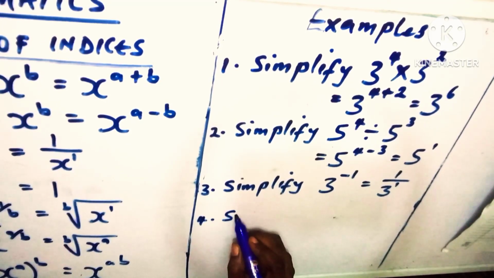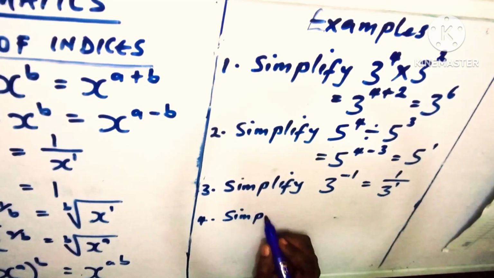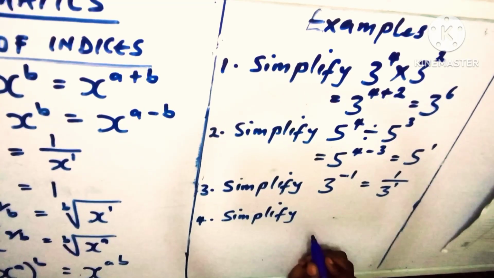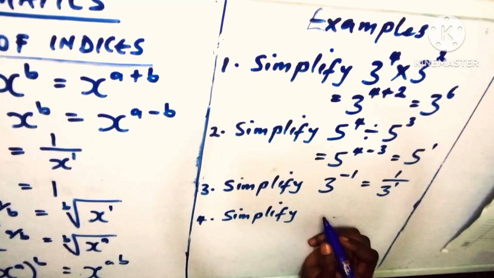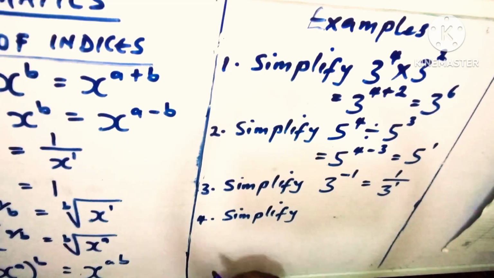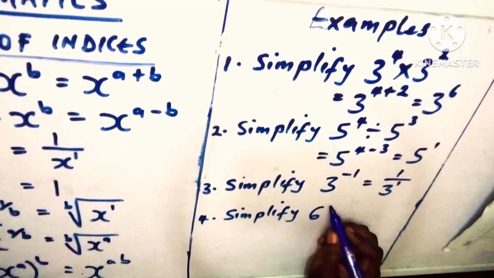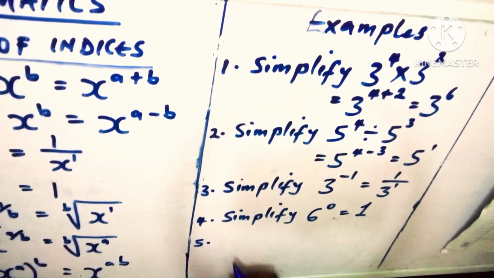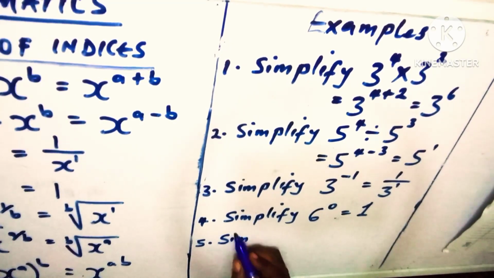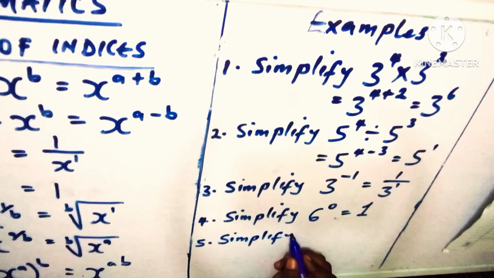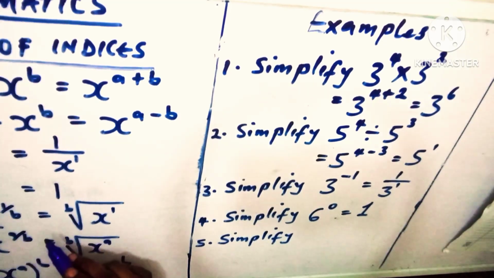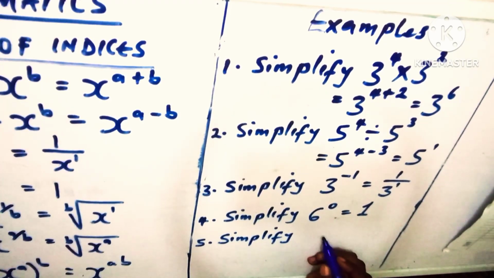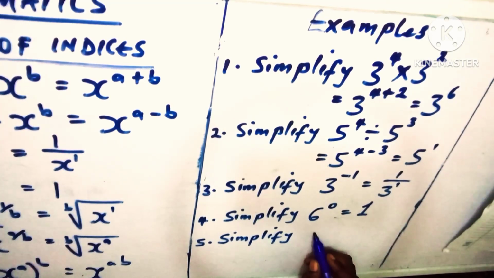Number 4, simplify. 6^0 is equal to 1. Number 5, simplify. The fractional index law is in place now.